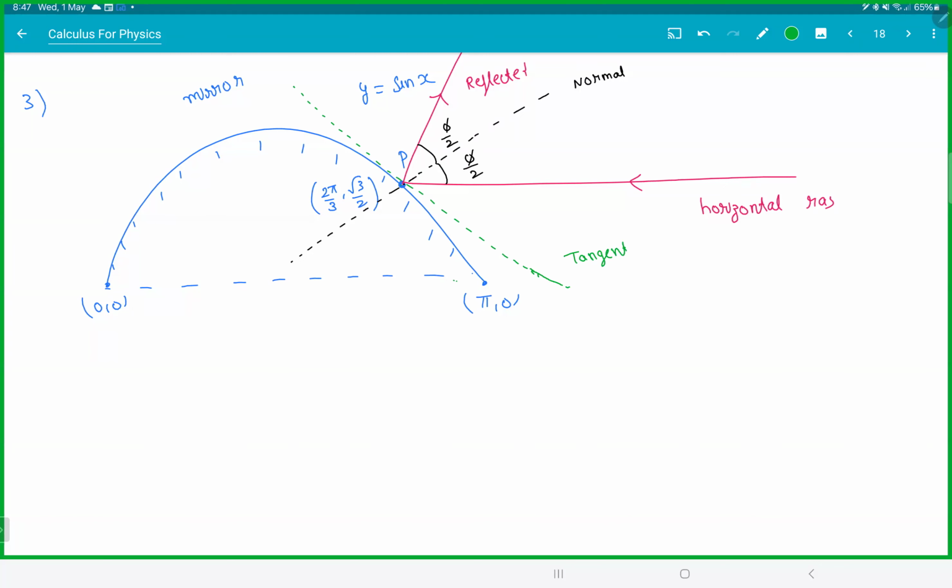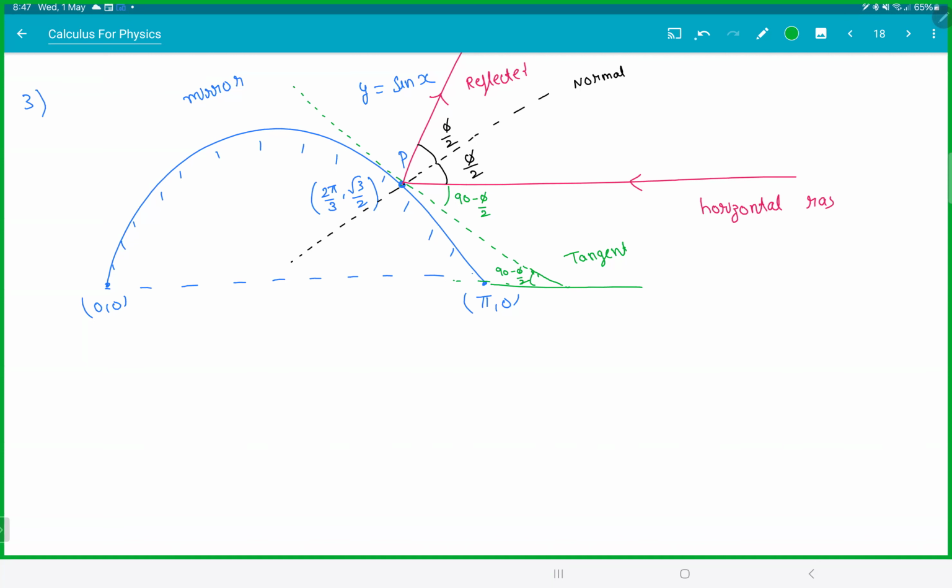So with the horizontal, if that is φ/2, this is 90 minus φ/2. This also will be 90 minus φ/2. Agreed? Is that clear, everyone?